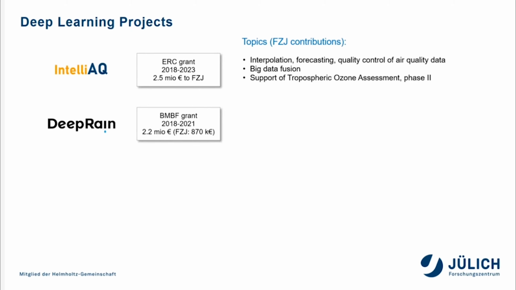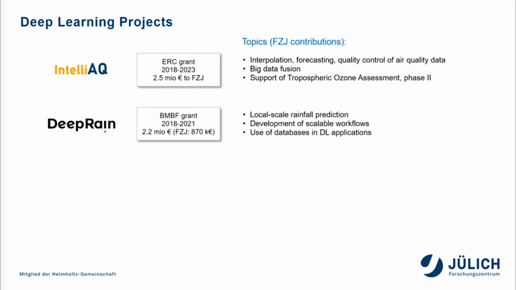Then we have the Deep Brain project, which is a grant from the German Ministry for Education and Research, running from 2018 to next year, 2021. Total volume of 2.2 million, where our share in Jülich, and this means our group, is 870,000 euro. So that's at least 2 positions.